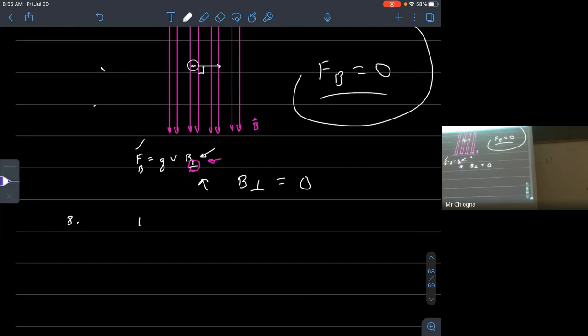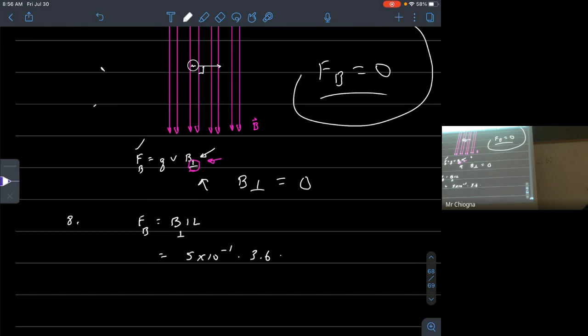So this is just a different equation, but actually related to the first one, QVB. So this is just plug it in. This would be B perpendicular, 5 times 10 to the minus 1. Current is 3.6.